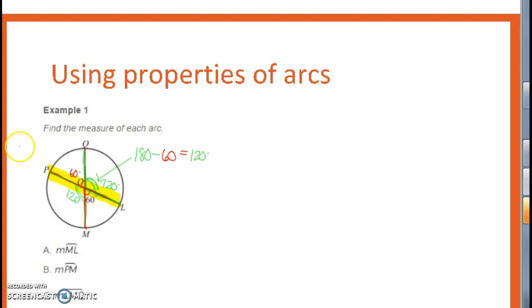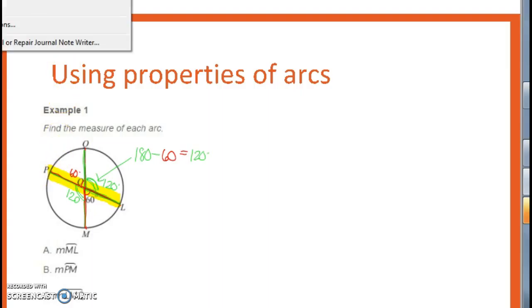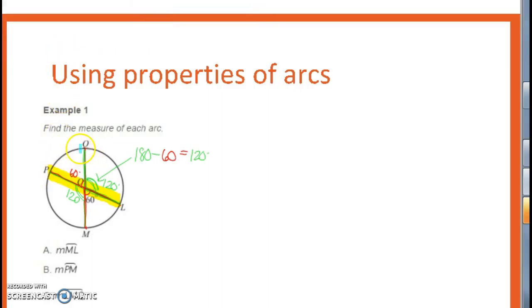And then the theorem that we talked about: central angle measures have congruent corresponding arc measures. So that helps us out quite a bit. I can say that the part of the circle from M to L has the same measure as its corresponding central angle measure.